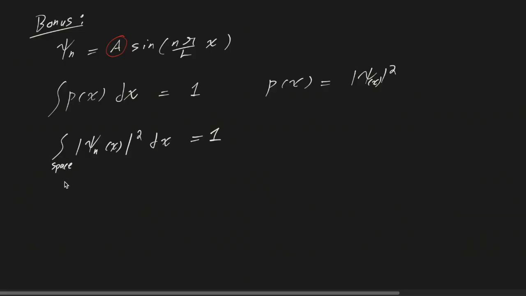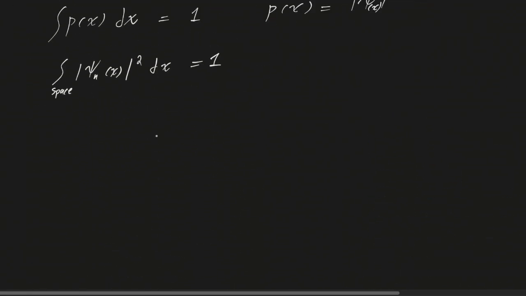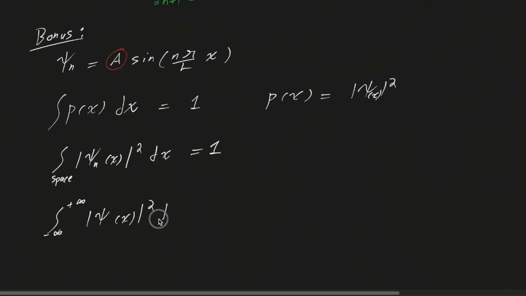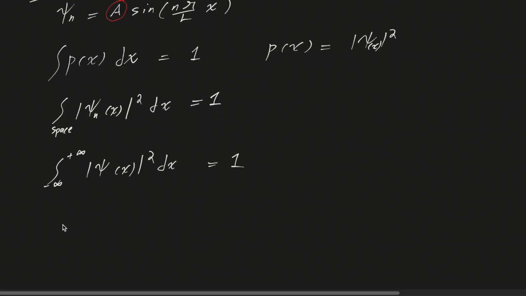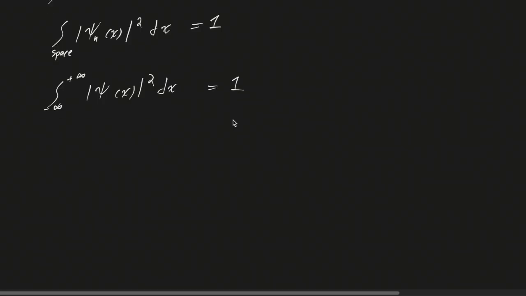In our case we have 3 regions. So we're integrating from minus infinity to plus infinity, psi squared dx must equal 1, and we must split our integral into the 3 different regions that we had: 1, 2, and 3.